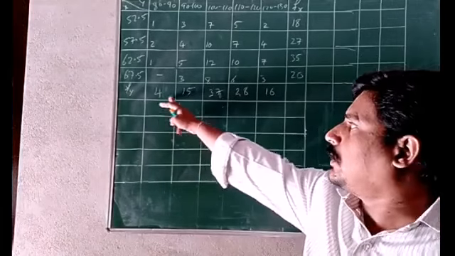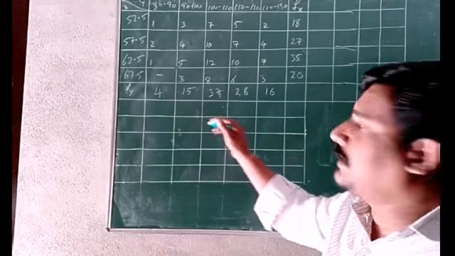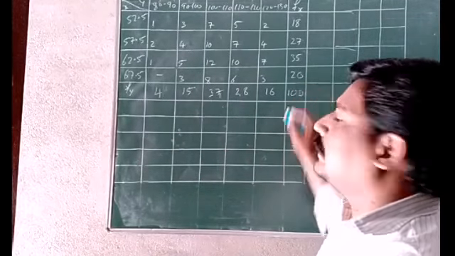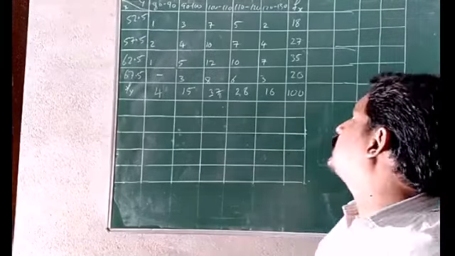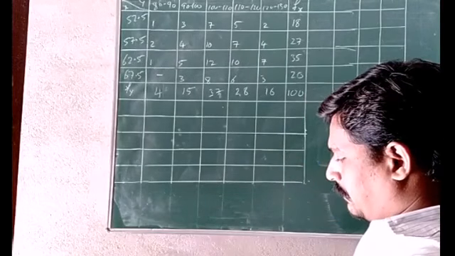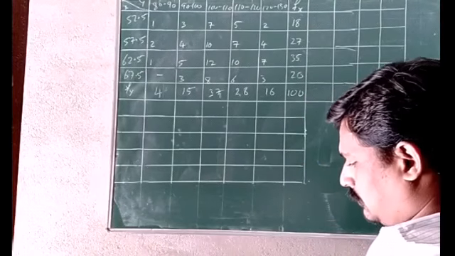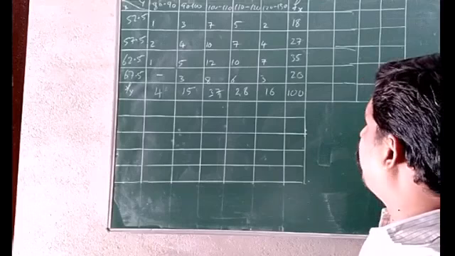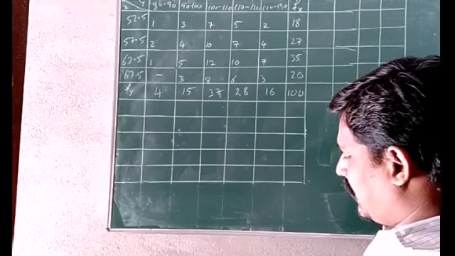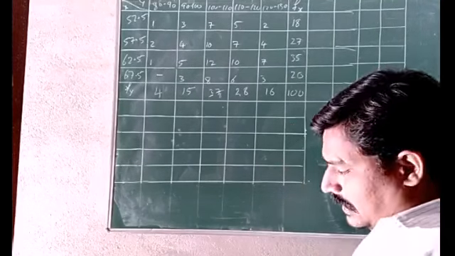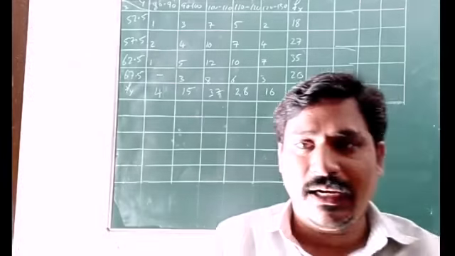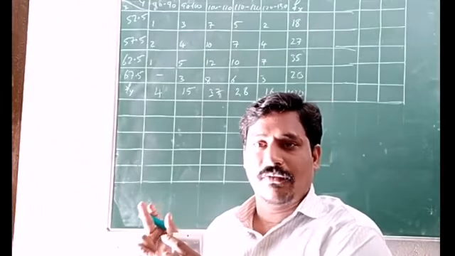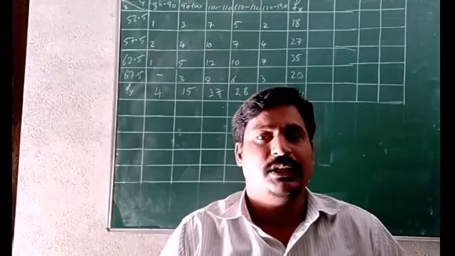So the total of y frequencies is 100, and the total of x frequencies also must be 100. Let us check. 18 plus 27, 45 plus 35, 80, 80 plus 20, 100. So the frequency total on both sides is 100. That means the totaling of frequencies is correct here.